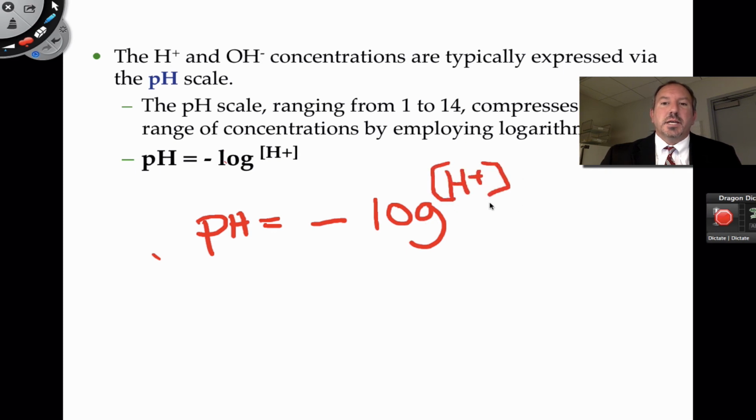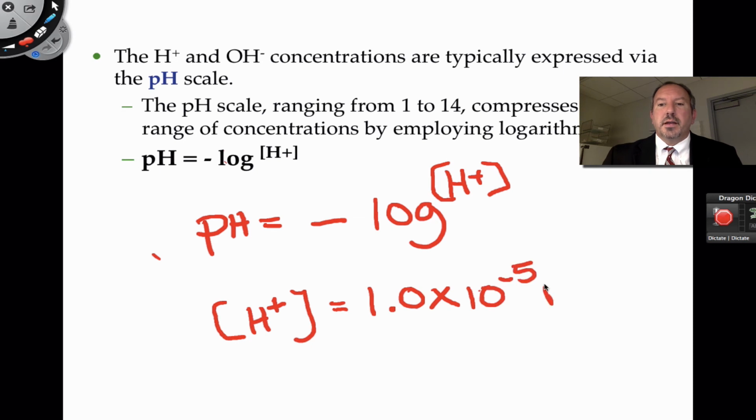So what does this mean? This means that if you knew the hydrogen ion concentration in a given solution, say, I'm just making this up, say it's 1 times 10 to the negative 5, you take the inverse, which is the log, take the negative 5 up here, and simply bring it down and change the sign.